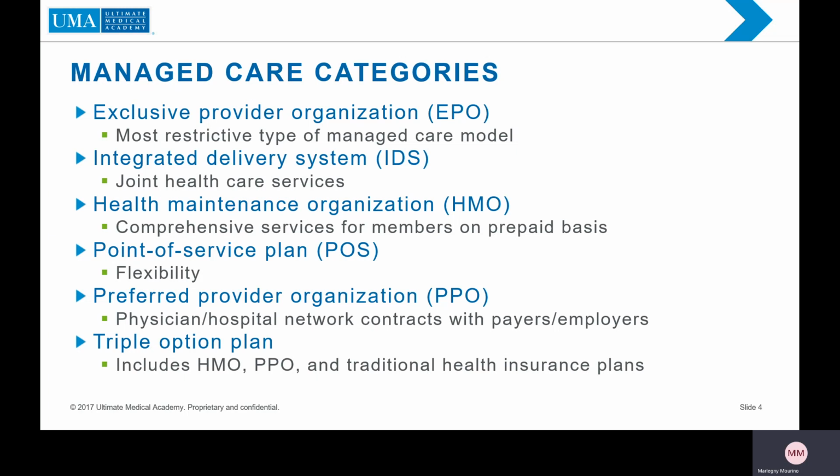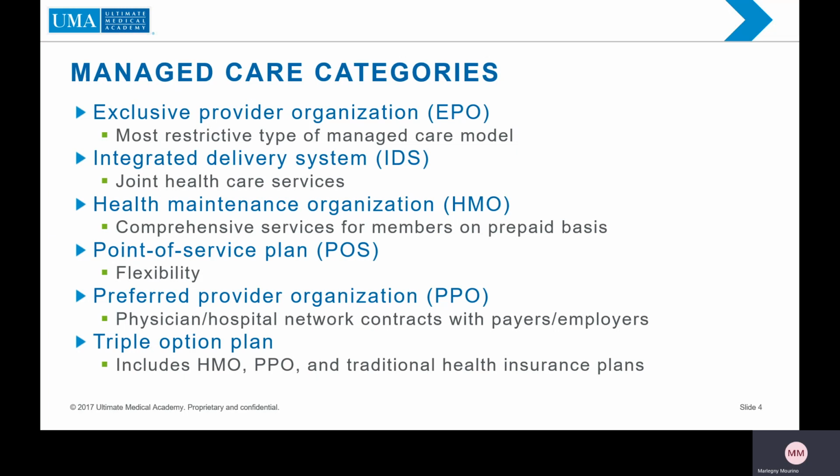So something else to note, a PPO is not an HMO. It is similar because it is a managed care plan that provides enrollees with discounted healthcare through a network of providers. But PPO enrollees can also receive care outside of the network if they're willing to pay for higher cost. So that's the difference between your HMOs and your PPOs.